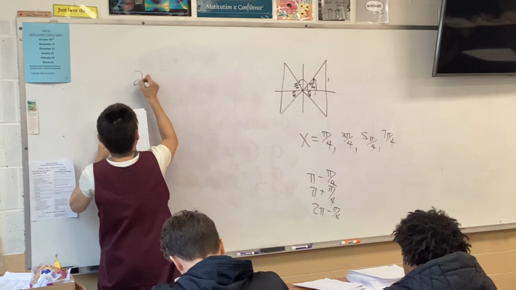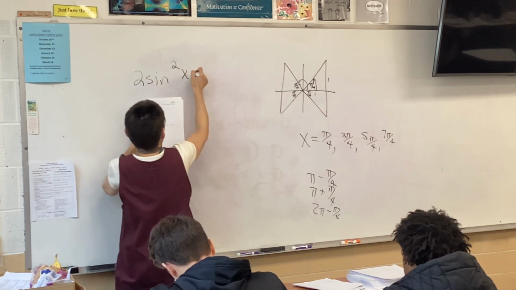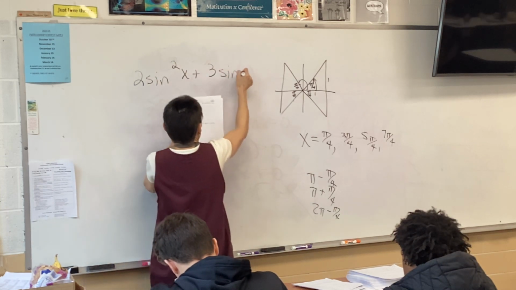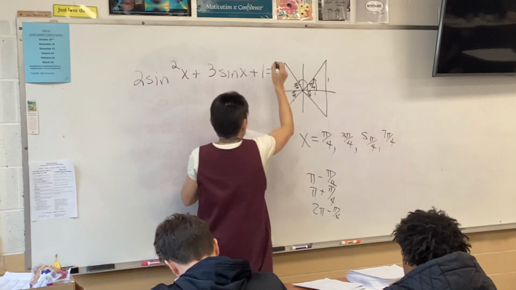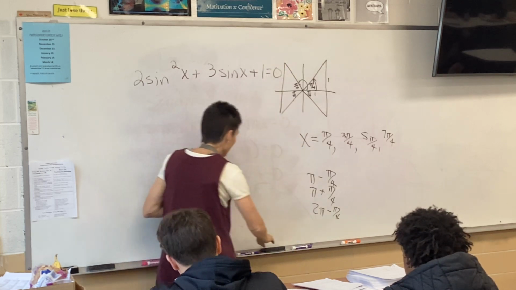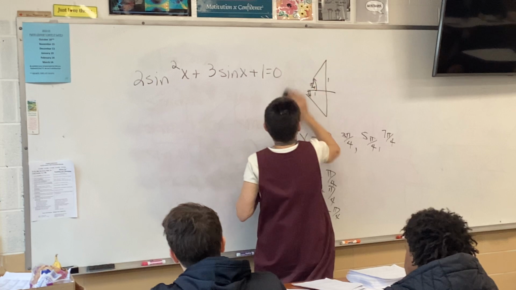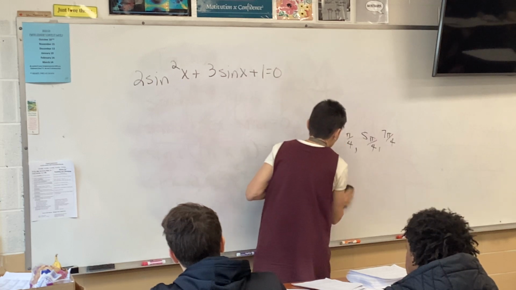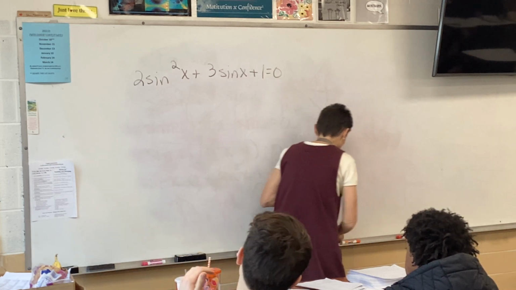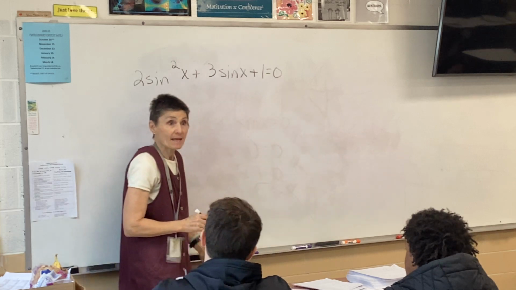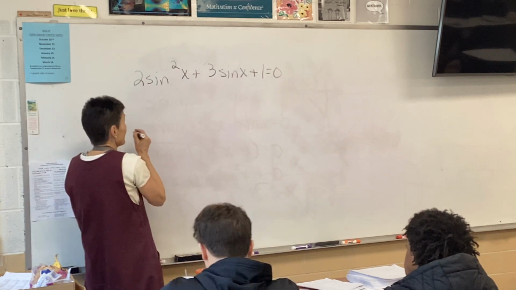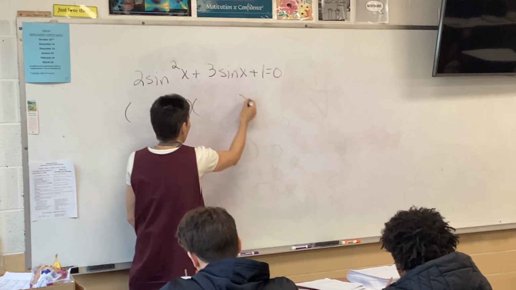C. What do you think of when you look at this problem? Quadratic. It's quadratic. Everybody see that? So I'm thinking, all right, I think I'm going to try to factor it.